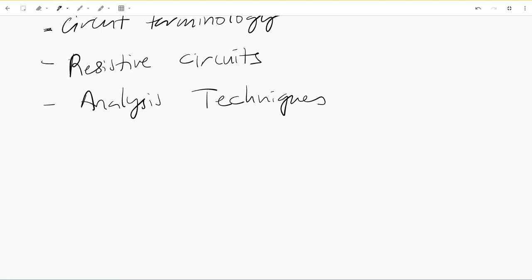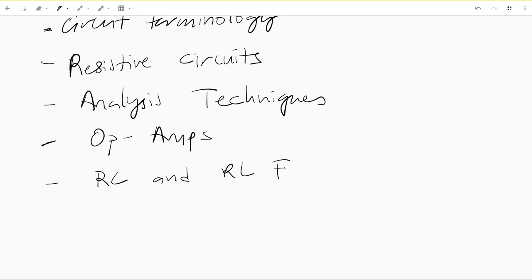And then next, we're going to talk about op amps, or operational amplifiers. And then next, we're going to dive into RC and RL first order circuits, where R and the C stands for resistor capacitor, and the R and the L here stands for resistor inductor.